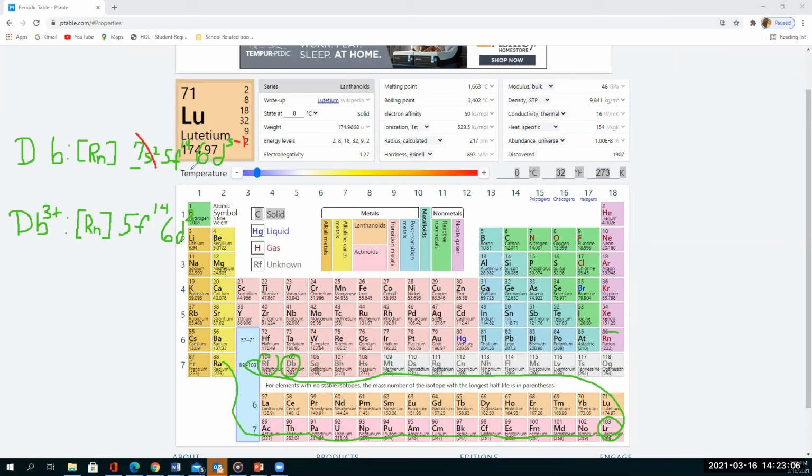That's right. Okay, so you're feeling pretty confident? Someone asked, what is this process called? All of this is called electron configuration. Now you're just doing electron configuration for an ion.